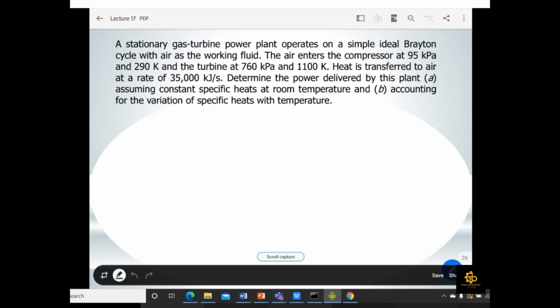Okay, so a stationary gas turbine power plant operates on a simple ideal Brayton cycle with air as the working fluid.